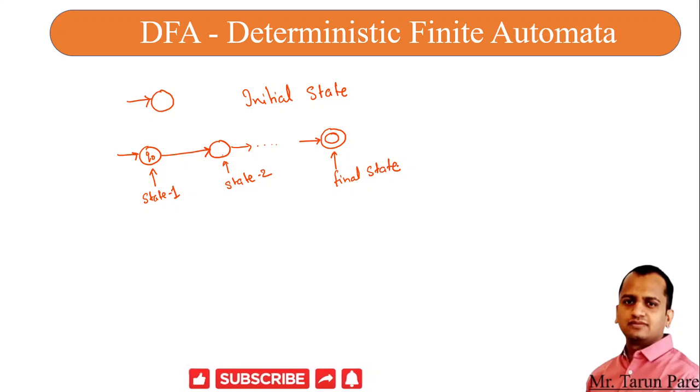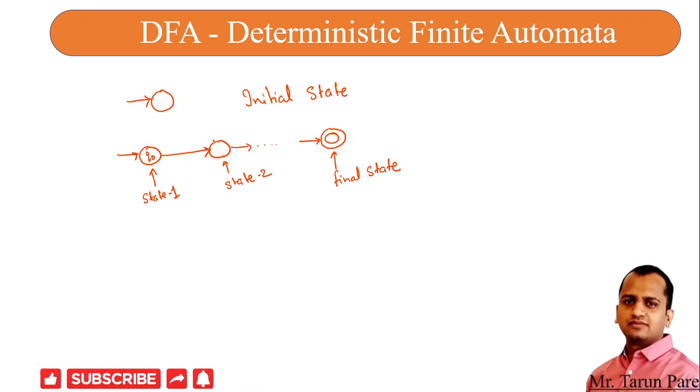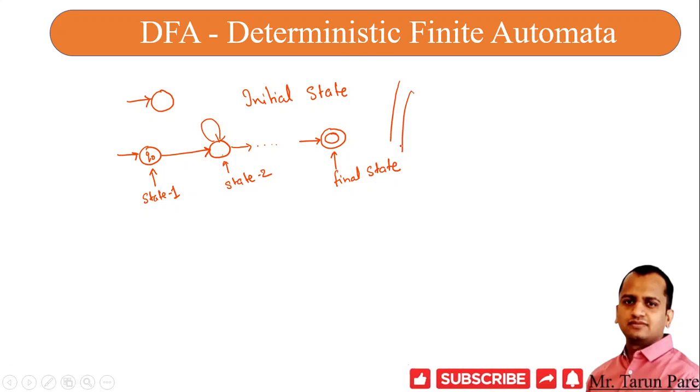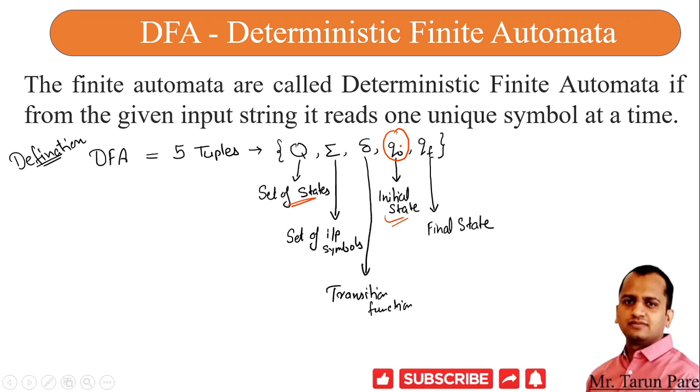And if you want to repeat some set of elements a number of times, then you can keep a loop on that particular state. So this is basic awareness regarding the presentation of a transition diagram. Now let's come back to the definition.